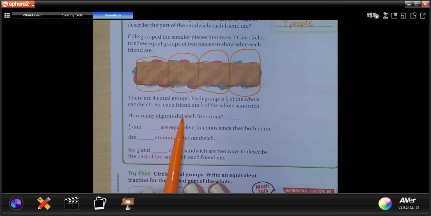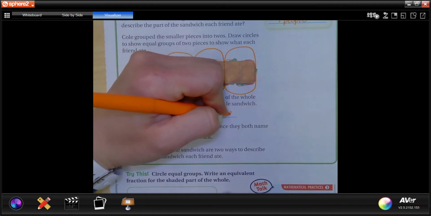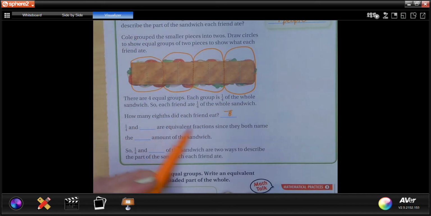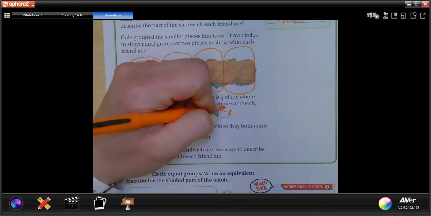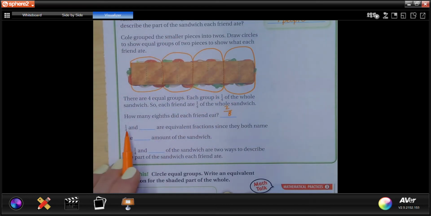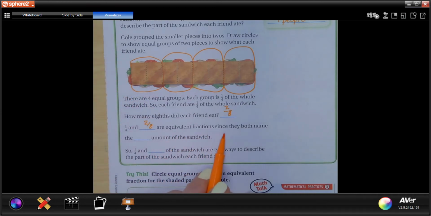How many eighths did each friend eat? Okay, so we want to know eighths, so our denominator is 8. So, out of the 8 pieces, each friend ate 1, 2. 2 eighths. So 1/4 and 2 eighths are equivalent fractions since they both name the same amount of the sandwich.